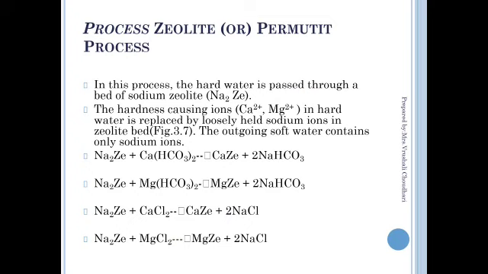Similarly, when we are talking about calcium chloride as well as magnesium chloride, which are the permanent hardness giving chemicals, when we are passing through the zeolite, we will observe that zeolite will attract calcium and magnesium and it replaces the sodium. So water which is coming from that zeolite is having sodium chloride.